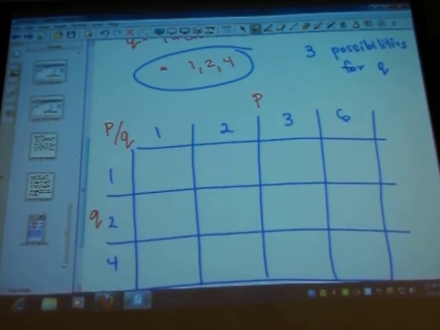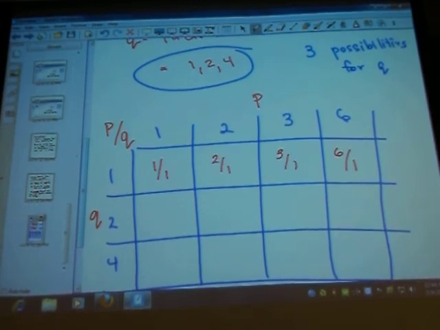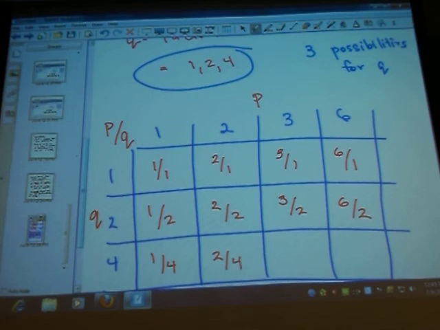We want to do P over Q. And then for Q is 2, I want to do 1 over 2, 2 over 2, 3 over 2, 6 over 2. And then when Q is 4, I want to do 1 over 4, 2 over 4, 3 over 4, 6 over 4.